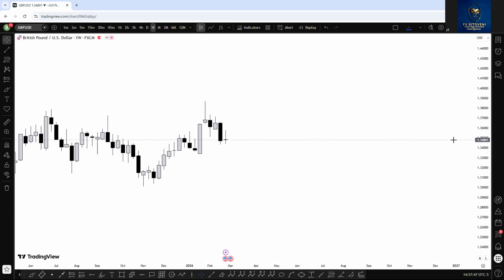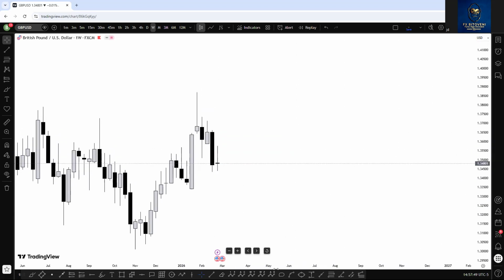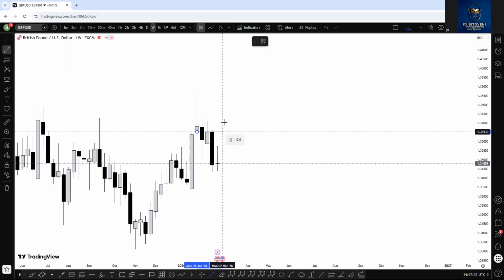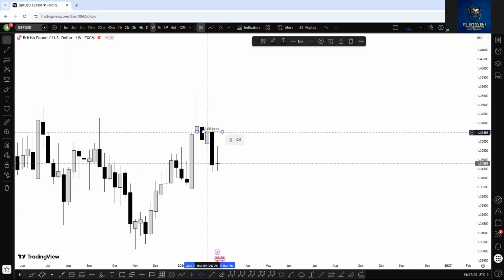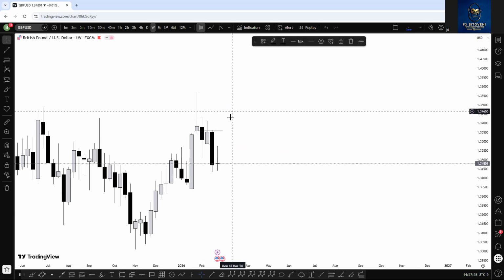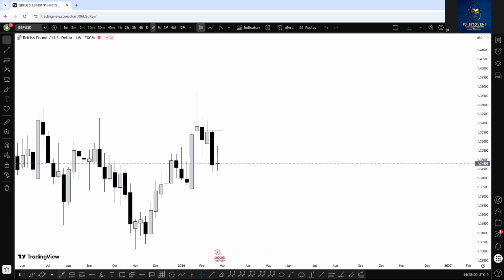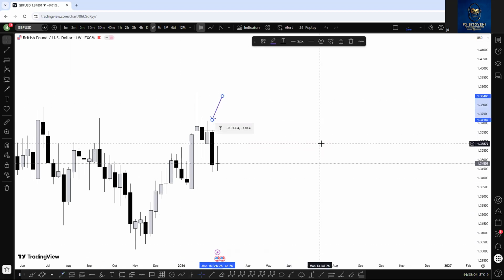And on the weekly, this is your key level. Your key level was created. So you have to start this week with a bearish mind. This week that is testing, you can see it is what we call a bullish reversal.